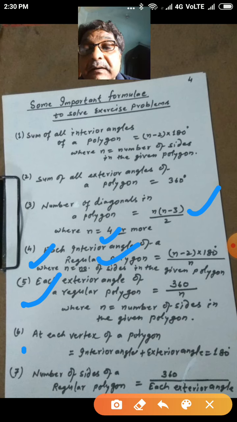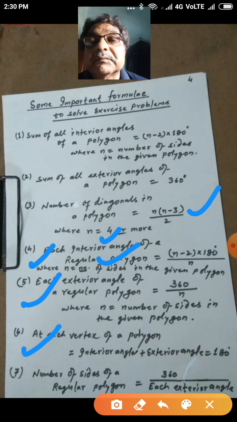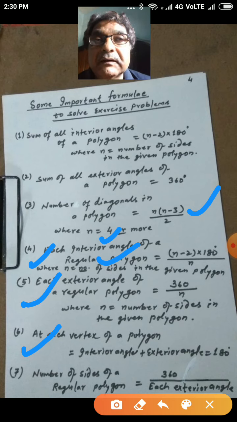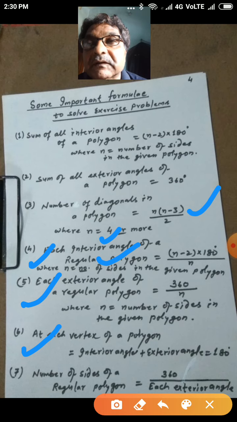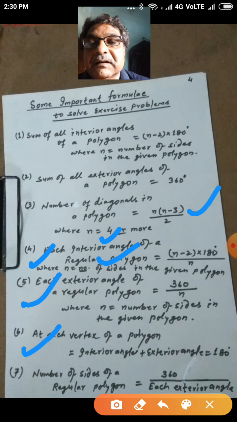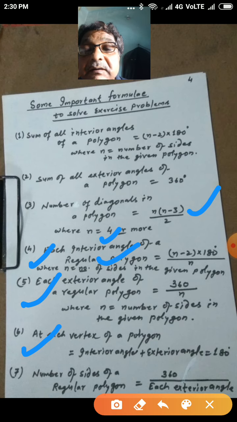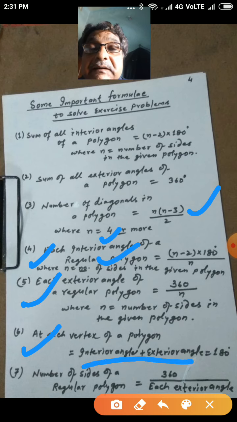You know in a polygon at each vertex there is one interior angle, and if you produce the side adjacent to this interior angle, there will be an exterior angle, and the sum of these two, interior and exterior angle, is always a linear pair, that is equal to 180. So that is also written as a formula: at each vertex of a polygon, interior angle plus exterior angle is equal to 180.